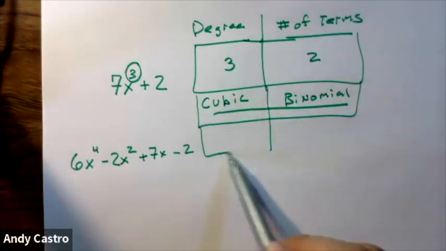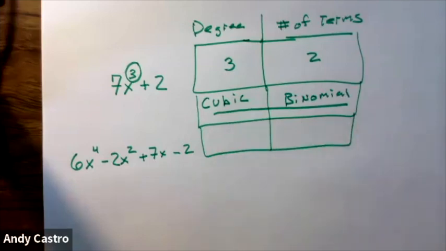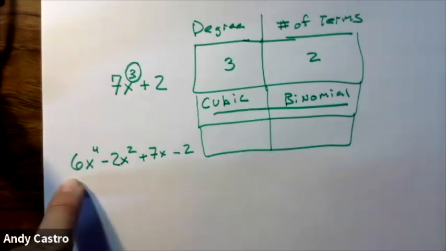Okay. First thing to ask yourself is how many terms are there? Someone messaged me, how many terms are there? How many terms do I have in this expression right there?